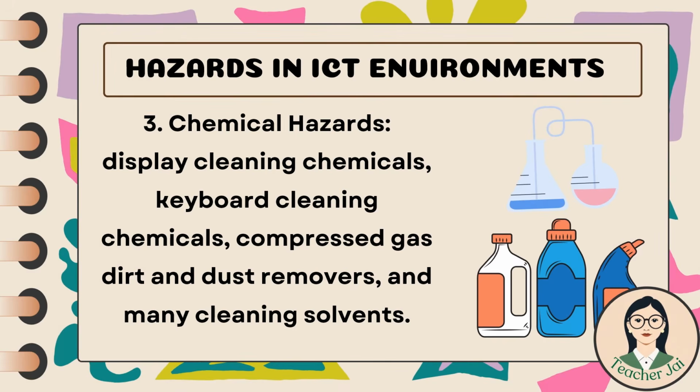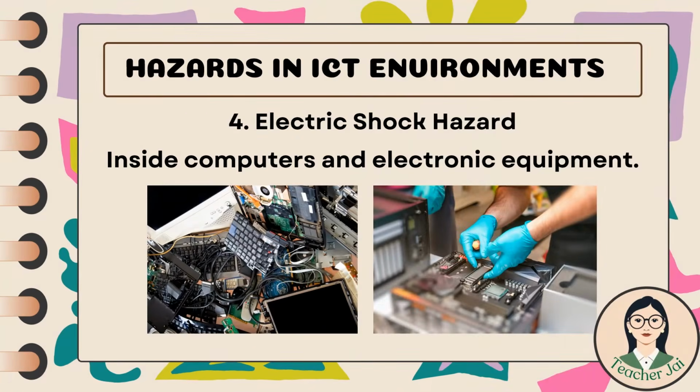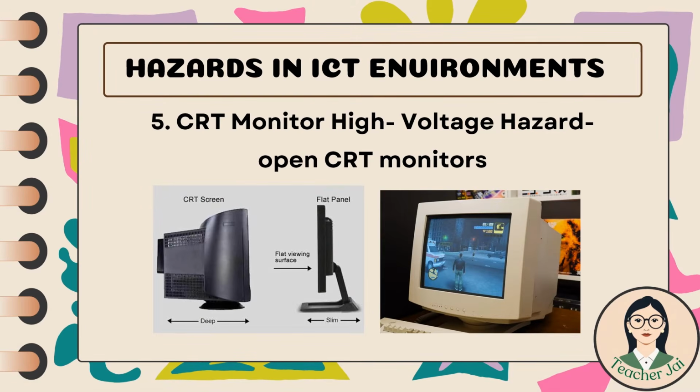Chemical hazards: display cleaning chemicals, keyboard cleaning chemicals, compressed gas, dirt and dust removers, and many cleaning solvents. 4. Electric shock hazard: inside computers and electronic equipment. 5. CRT or cathode ray tube monitor high voltage hazard: open CRT monitors.